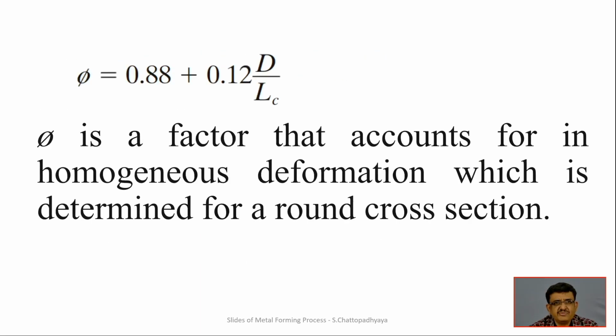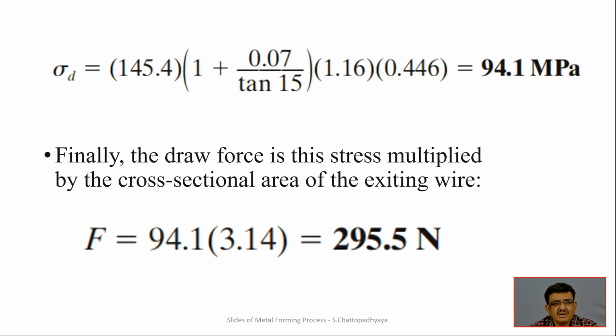If we put all those values, then immediately we find that sigma d comes out to be near about 94.1 megapascal. And from that we can easily determine the draw force.